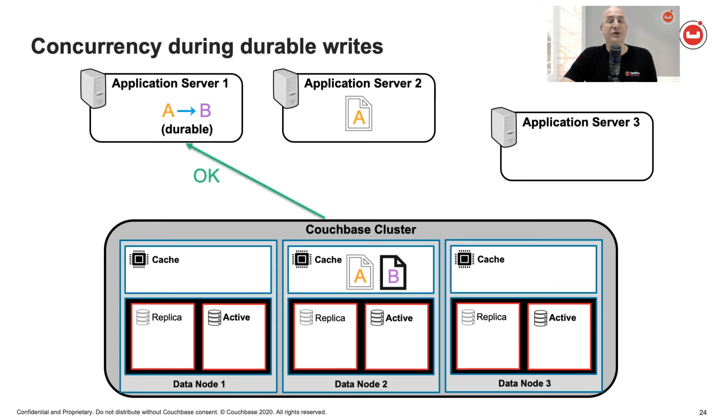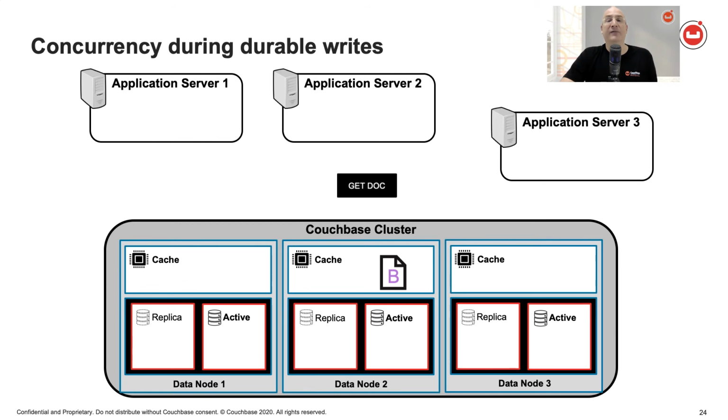The previous version of the document is no longer retained. So if application 2 reads the document again, it will get the value B and not A as before. That mechanism, alongside synchronous replication handled by the cluster, guarantees that dirty reads will not occur anymore.